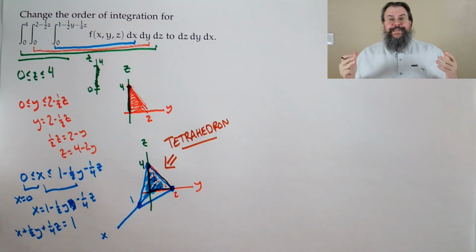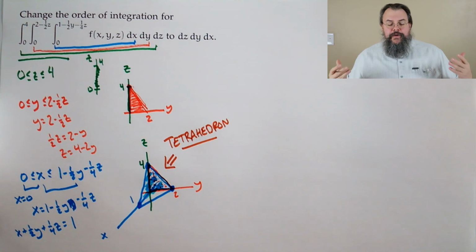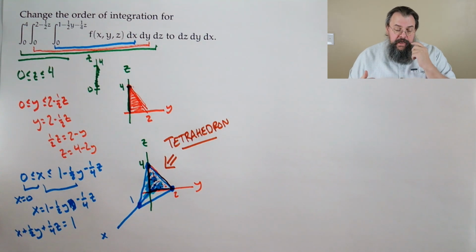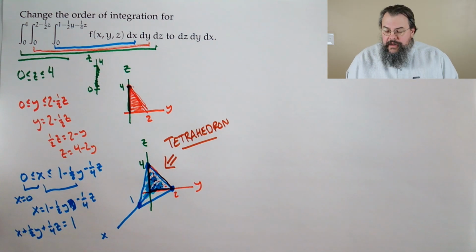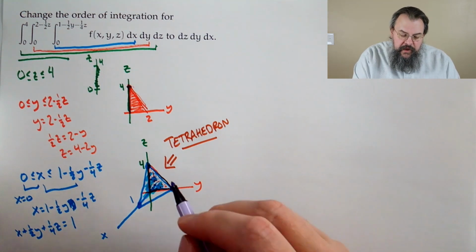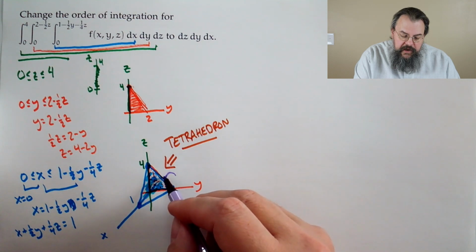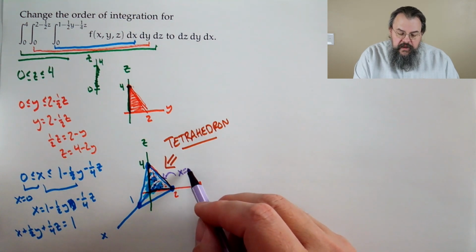Now, what's the next thing? Well, the next thing is we say, now that we know our region that we're integrating over, we can think about our surfaces that bound. Now, a tetrahedron has 4 faces, and so there's 4 surfaces which are involved. We can mark them all pretty simply. So, for instance, this back face here is the YZ plane, x equals 0.